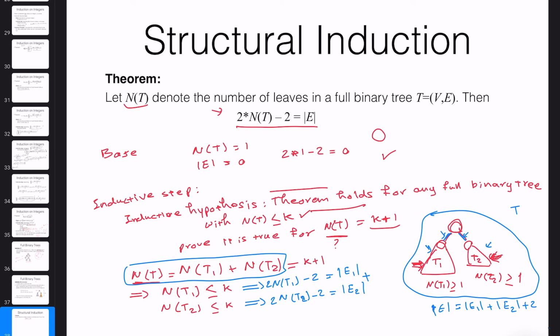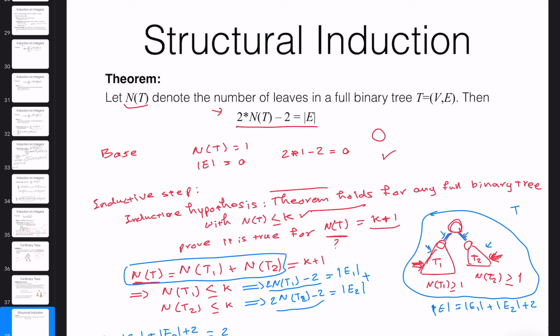So the number of edges is going to be the number of edges in T1 plus the number of edges in T2 plus 2. For this one, I'm going to use this formula, and for this one, I'm going to use this formula, and let's see what I would get.